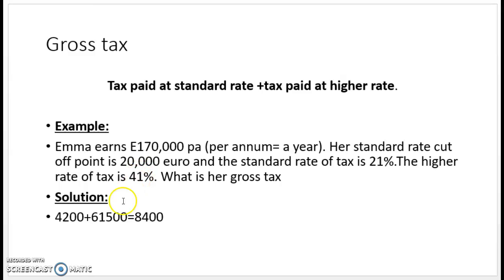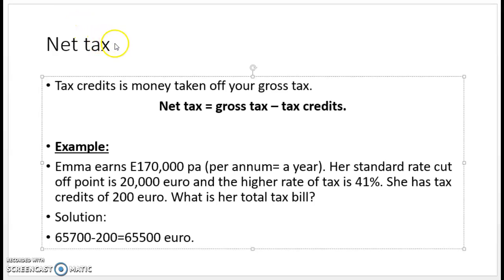So we have to add those together. Her tax at 21% was 4,200. Her tax at 41% was 61,500. So that gives you a total of 65,700.